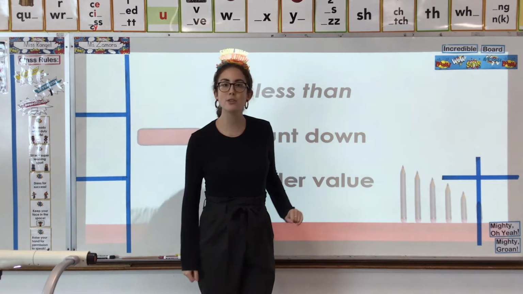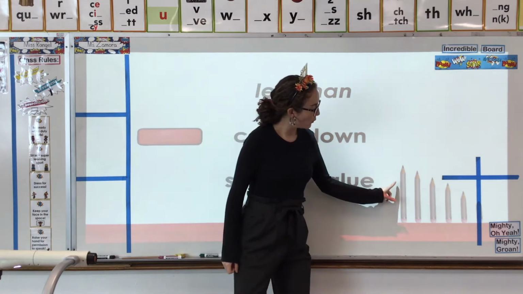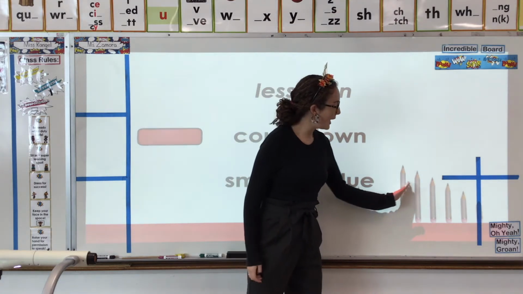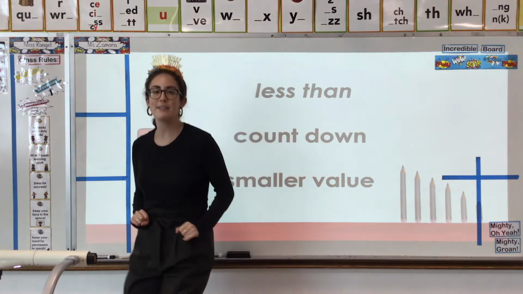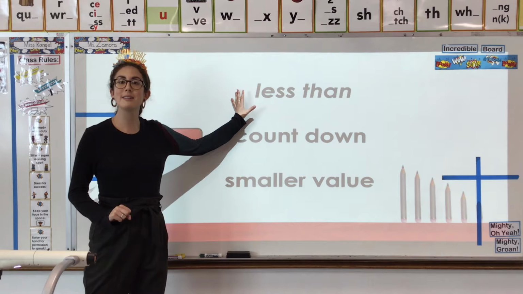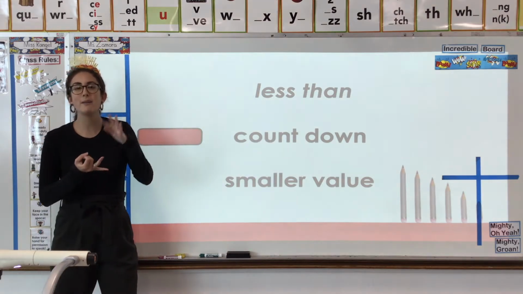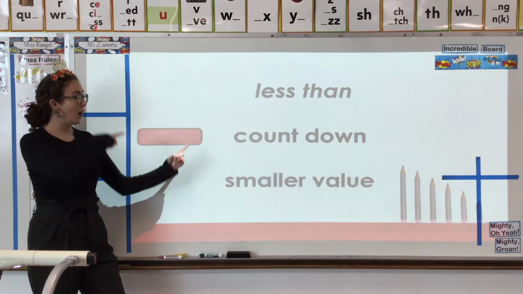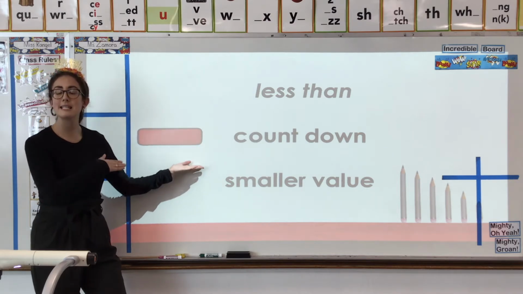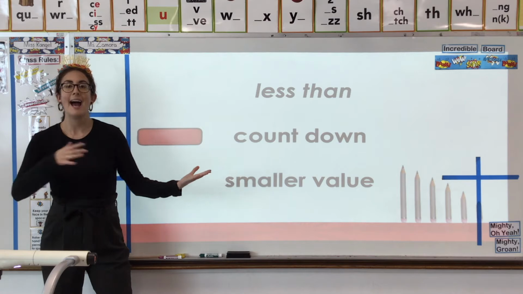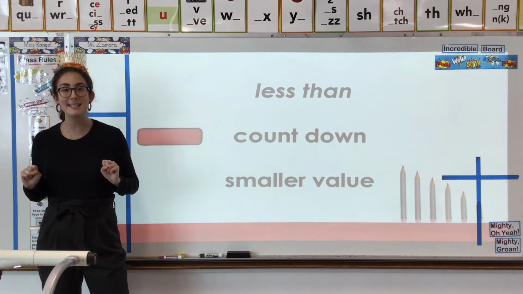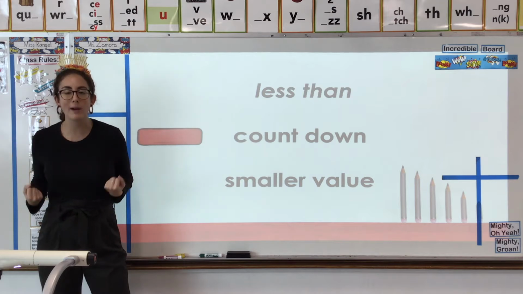Just like our pencils over here on the side, we see that each pencil is less than the other, and our pencils are getting smaller in value every time. So, with this knowledge of less than, finding 1 or 10 less, that also means we are doing what? What is this called? We're subtracting. To take away value, find less than, is to subtract, minus.